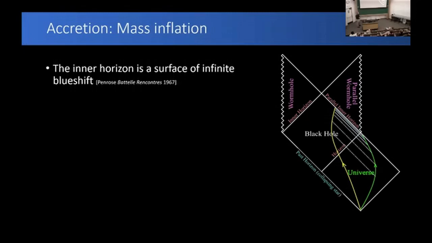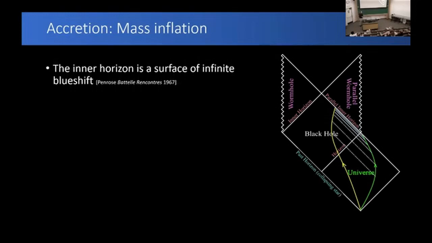And you're going to do so in a finite time, but they're going to reach the infinite future in an infinite amount of time. So what that means is as you reach that inner horizon and cross it, you are receiving an infinite amount of light from the infinite future. You're seeing the entire end of the universe, essentially.